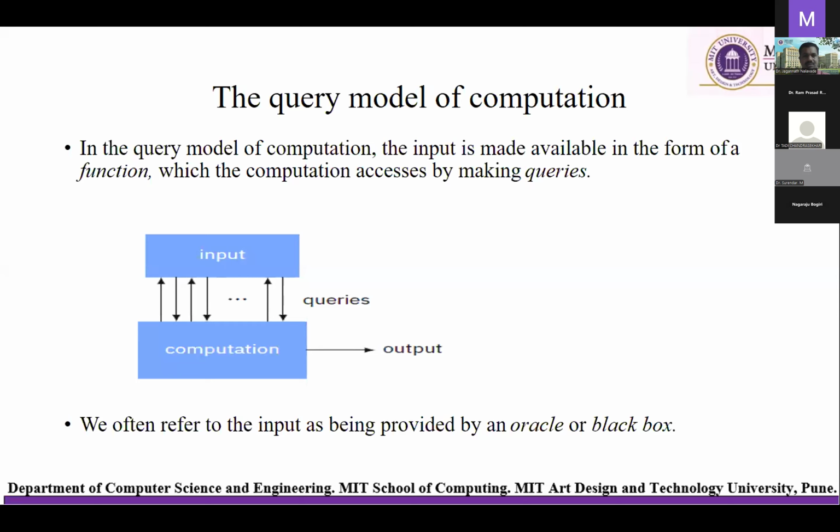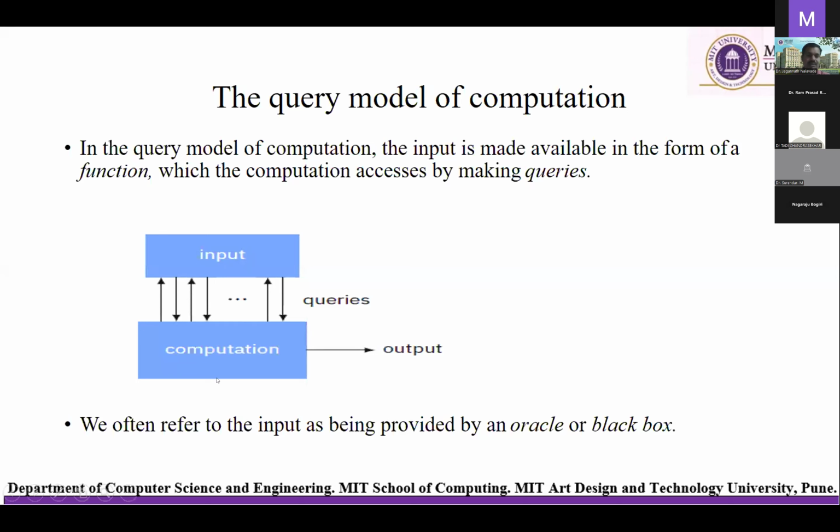These are the computation processes we have just seen. But in the query model of computation, we can pass queries, and the computation accesses the input by making queries. The computation box given here, which receives the input, is called the oracle, and this oracle is also called a black box.